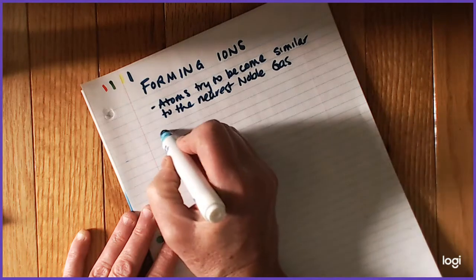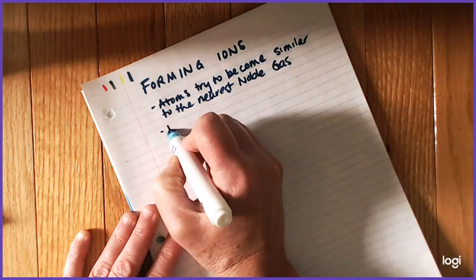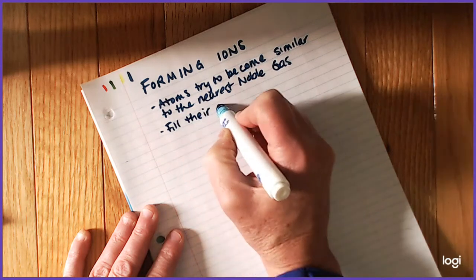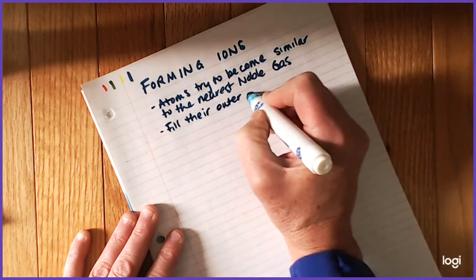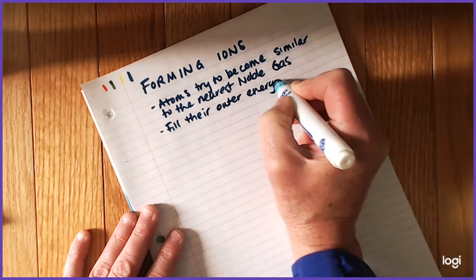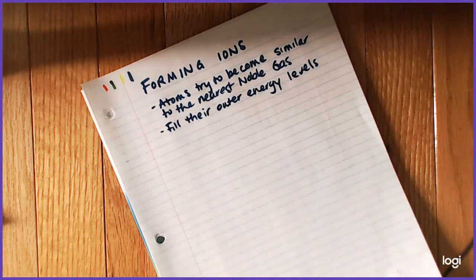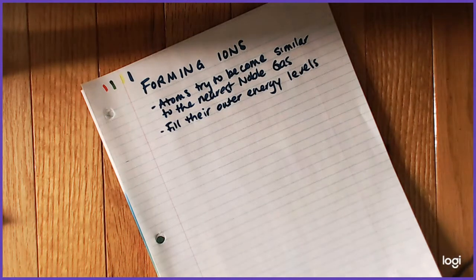And what they want to do is fill their outer energy levels. Now, sometimes in order to have full outer energy levels, they actually have to get rid of some electrons. So that's what we're going to be doing here.